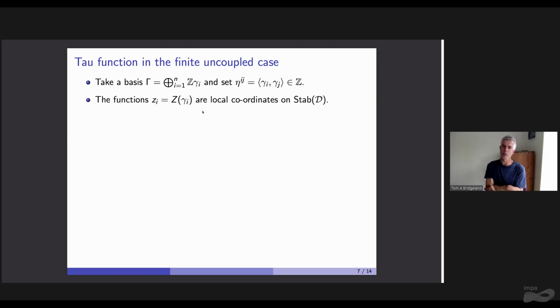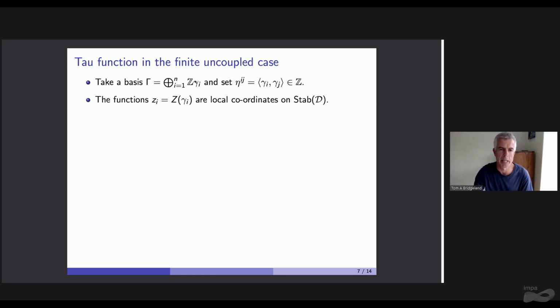Now, this is something strictly different to what happens in the physics situation. So, let's think about a theory of class S, for example. The Coulomb branch is something like the Hitchin base. And these central charges are not local coordinates on that.